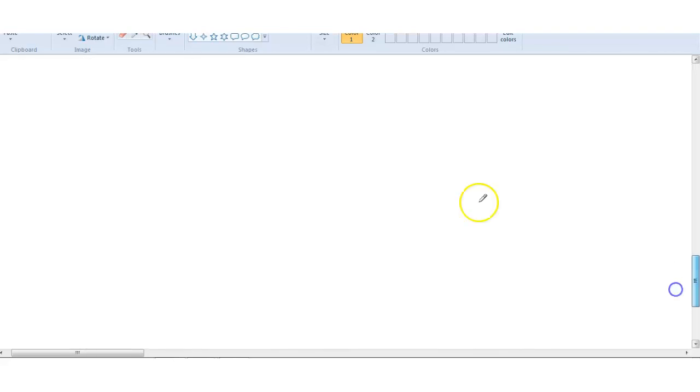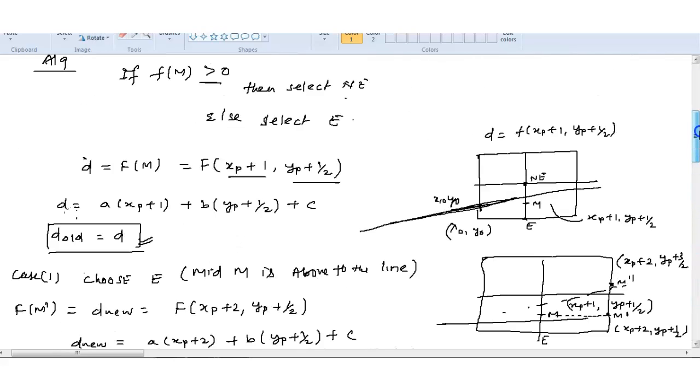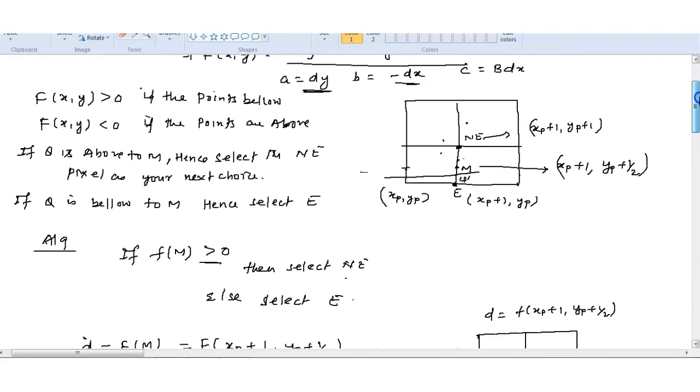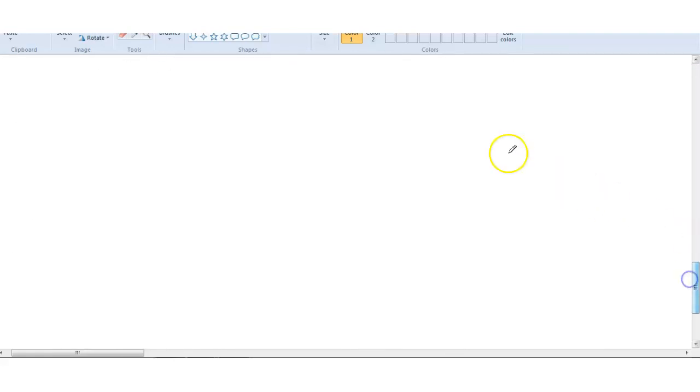So overall, I am writing the discussion as the algorithm. Let me revise once again what we have done so far. Just keep in mind, if you want to draw a straight line, these are the pixels.